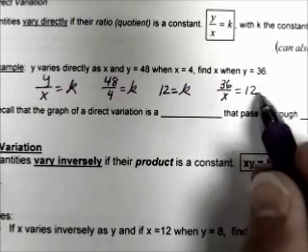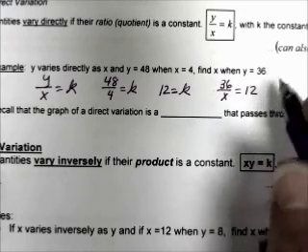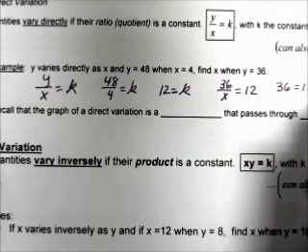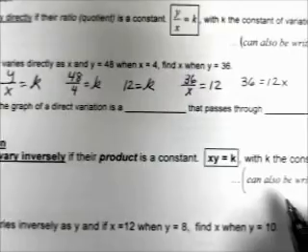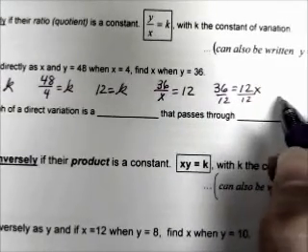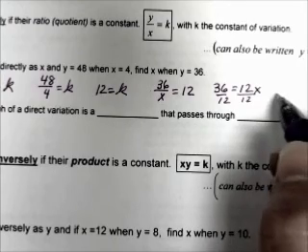And if we simply multiply both sides by x, we have 36 equals 12x, and divide by 12, x equals 3.